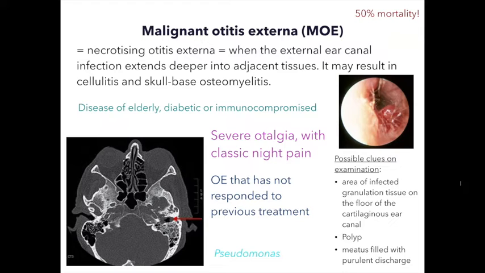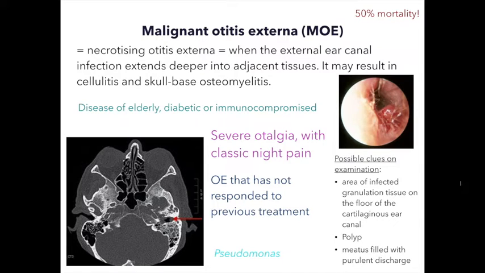The classic presentation, though, is night pain. So it's severe otalgia that's so bad that it wakes them up in the middle of the night, and something that may suggest the presence of MOE is that previous treatment hasn't improved it.